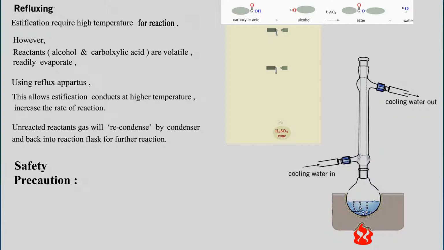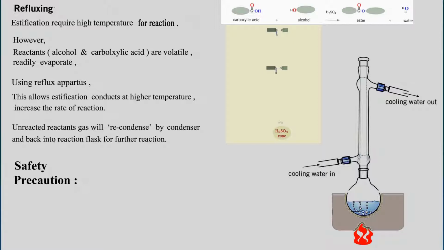Safety precaution. You have to realize this experiment is different from your earlier experiments. This experiment has danger in it. Why? Think about what's inside this bottle. Inside is a pure alkanoic acid.